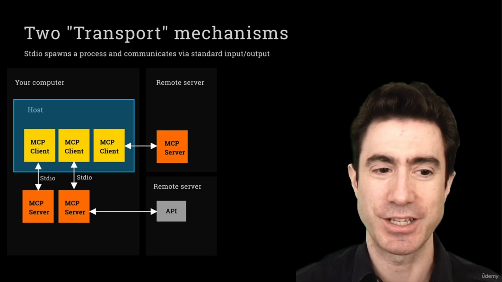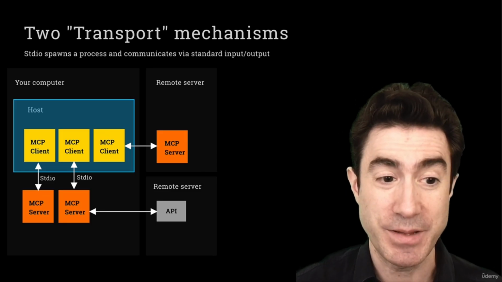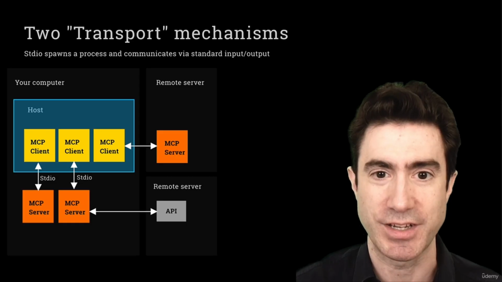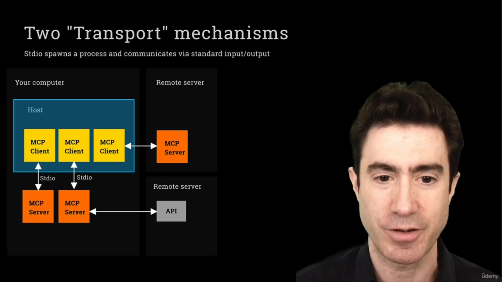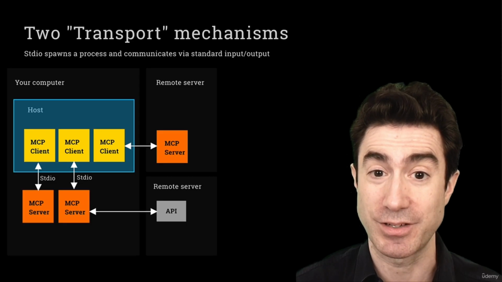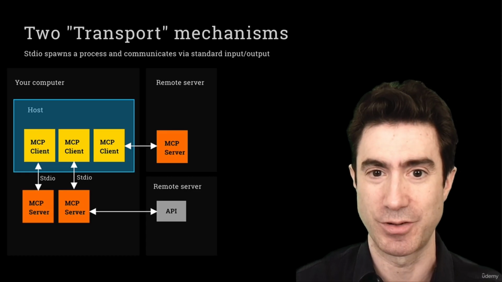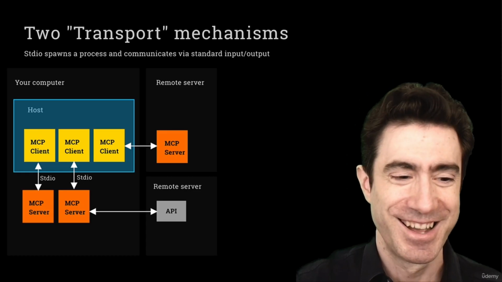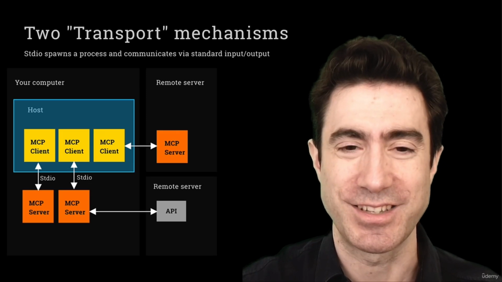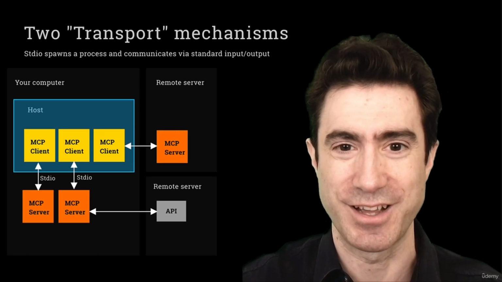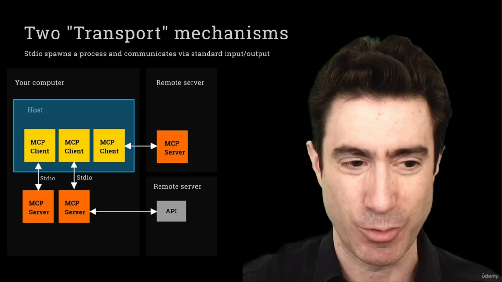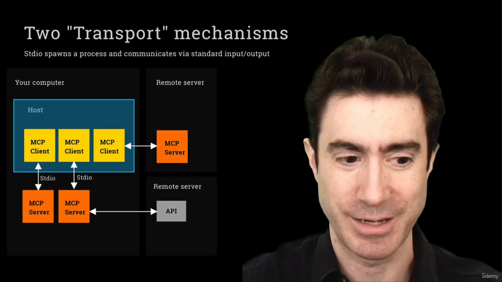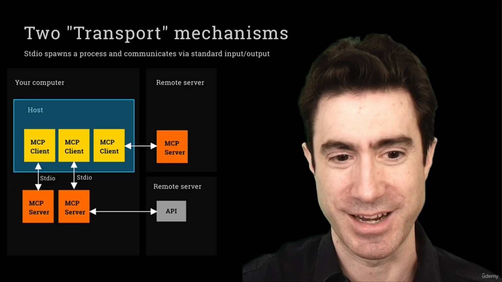If you're using this approach, then basically your MCP client spawns a separate process on your computer, and it communicates with that process over just standard input and output. And that's why it's called STDIO. This is the most common way of doing it, and we'll be exploring this a lot. And when we build our own MCP server, we'll be using this technique.